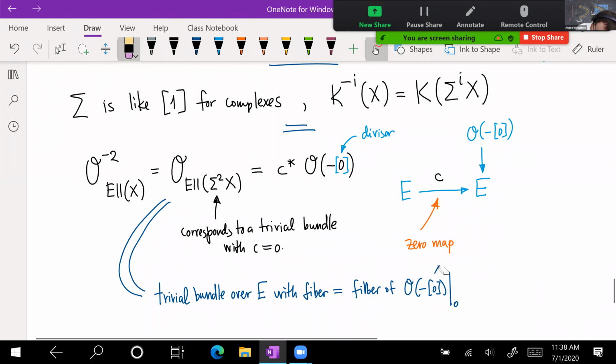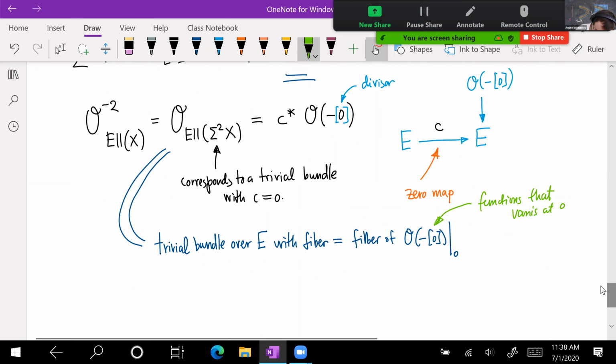This is a line bundle given by functions, functions that vanish at 0. I.e. this is the maximal ideal of that 0.